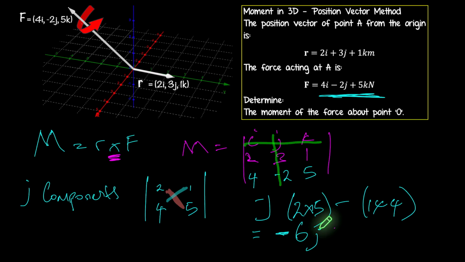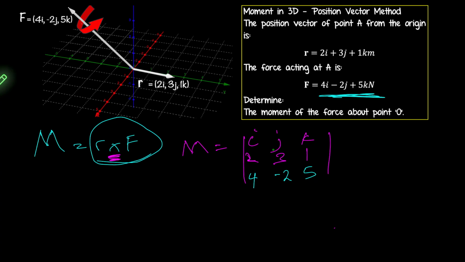Okay, we have one more component. Remember, what we're doing is finding r times f, which represents our force times perpendicular distance, and that gives us our moment. Let's find the k component. Once again, we cross out the elements in the same column and the same row as the k, so all of what's up top is crossed out, and all of this bit here too.